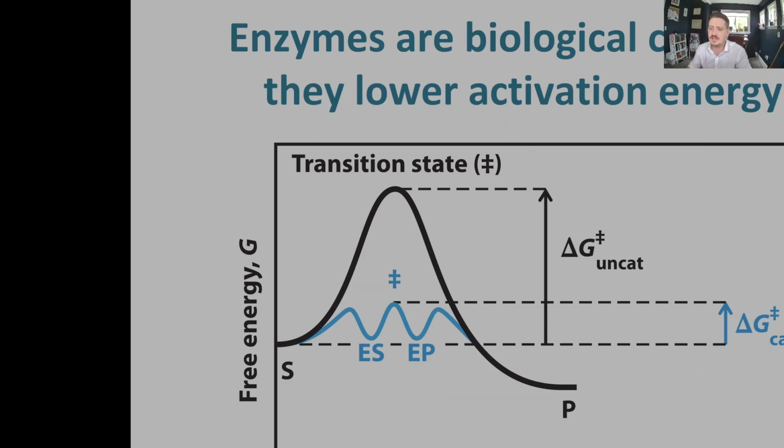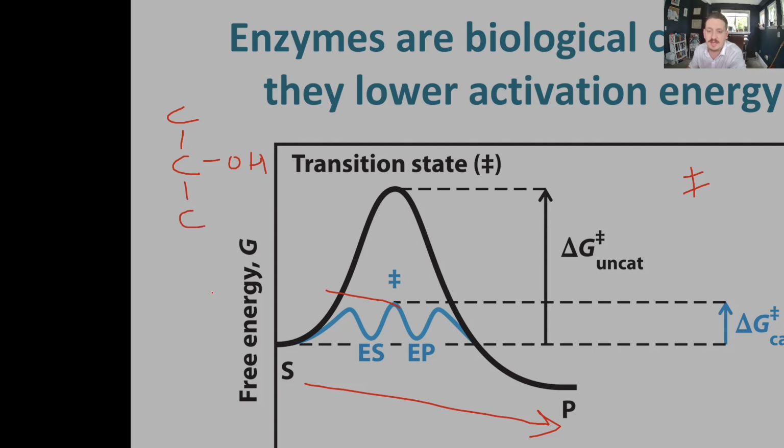So, like I said, the general thing is that if we've got a reaction of going from S to P, we know that there's going to be a transition state, and this transition state is given by the symbol, this double cross here. And it may be, for instance, let's say we've got 2 carbons and we've got an OH here.